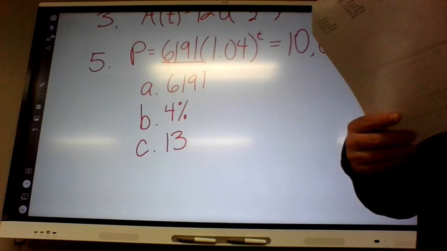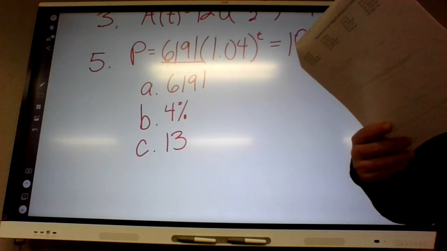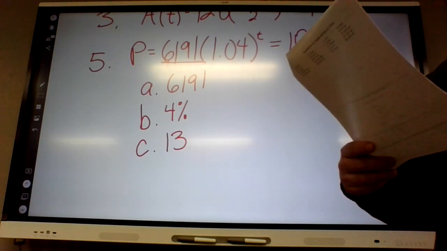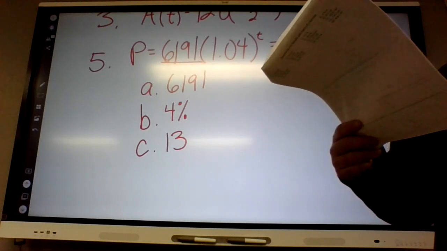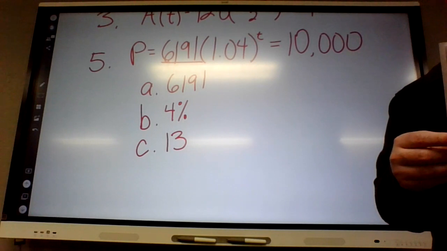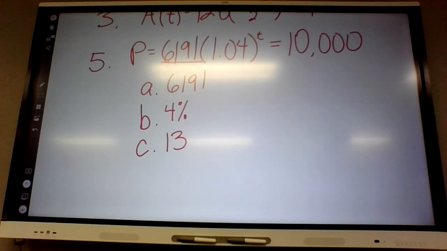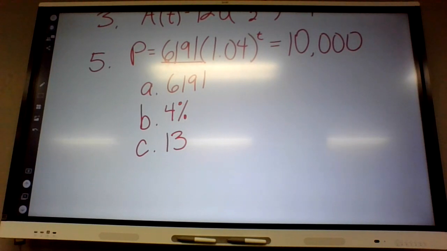Number 14, 125. Number 16 is -3. Number 18, 105 degrees. Number 2, 33.0. Number 4, 9.4. Number 6, 31.4. Number 8, 47.1. Number 10, 7.9.